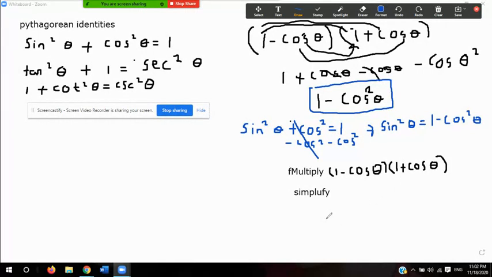So our final answer is 1 minus the cosine of theta times 1 plus the cosine of theta equals sine squared of theta.